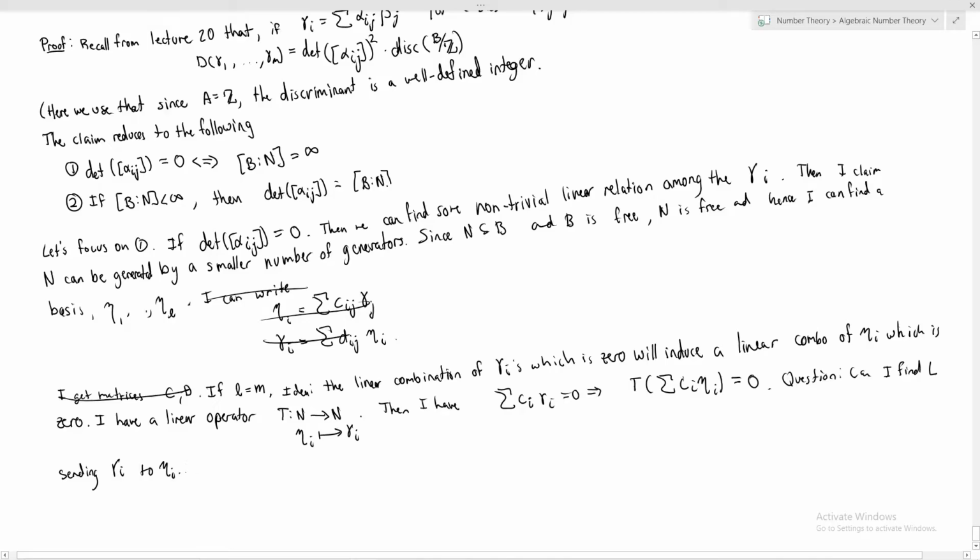And I think the answer is yes. So I need to use basically this matrix of Cij's here. So how do I know that I can do this?